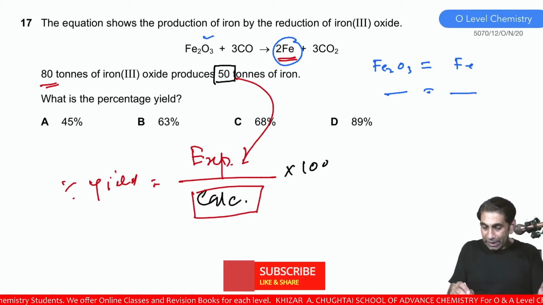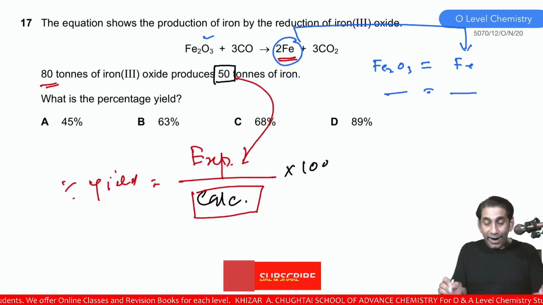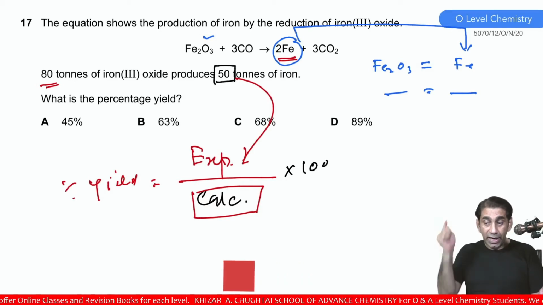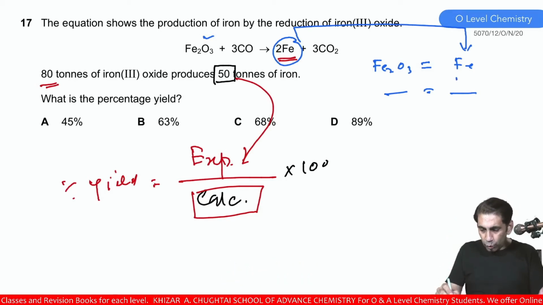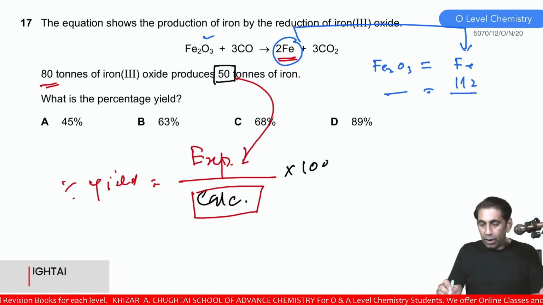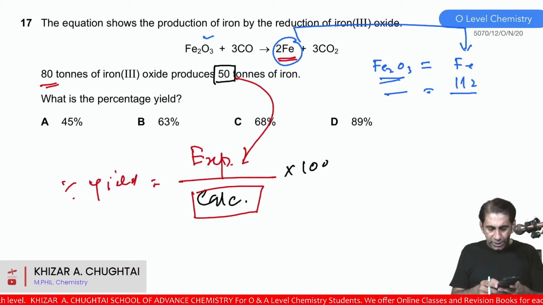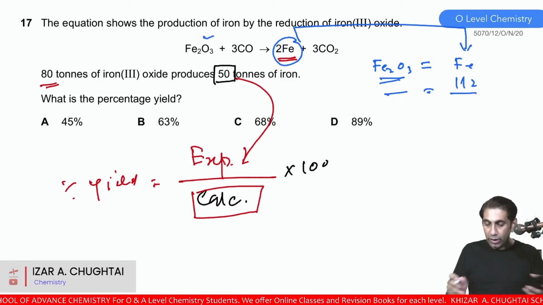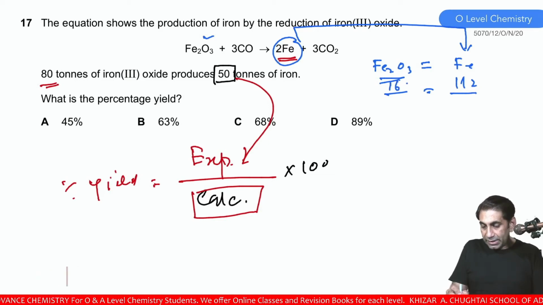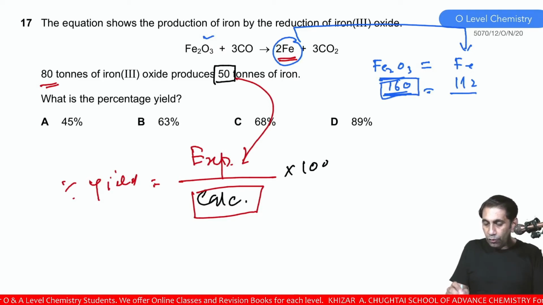According to this balanced chemical equation, the mass of iron is 112 grams. What is the mass of Fe2O3? 56 into 2 plus 3 into 16, its mass is 160. So 160 grams of Fe2O3.